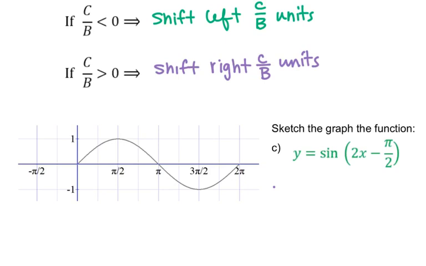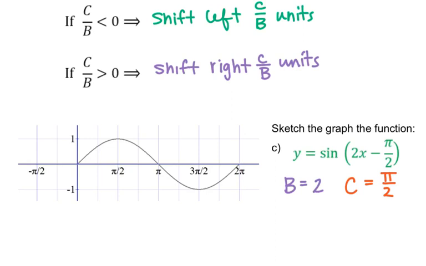So here we have a graph. You'll notice that the coefficient in front of x is not 1, and we have a c value. So looking at this, we would say b equals 2, and c is positive pi over 2, because that is bx minus a positive c value.